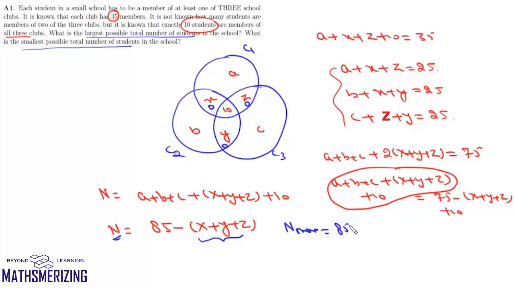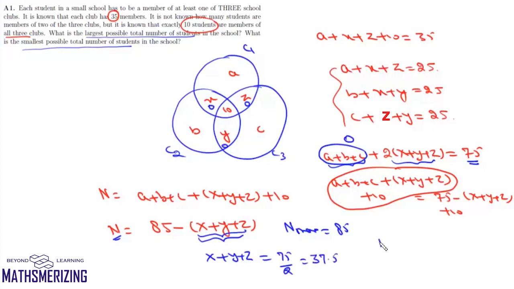Now we also need to find the smallest possible number of students. For that, we need the maximum value of X plus Y plus Z. It is given that A plus B plus C plus 2(X plus Y plus Z) equals 75. The sum X plus Y plus Z will be maximum when A plus B plus C is 0, and then the maximum possible value of X plus Y plus Z is 75 by 2, which is 37.5.